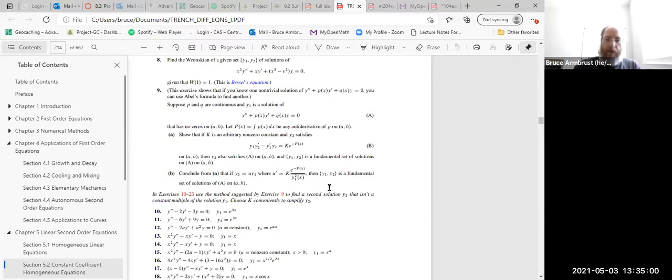Remember when we use Abel's theorem, we know that the Wronskian is off by at most a constant. Well, that's what that k is. But we're going to use this to figure out what our y2 is equal to. So I'm almost there, writing down everything that we need.